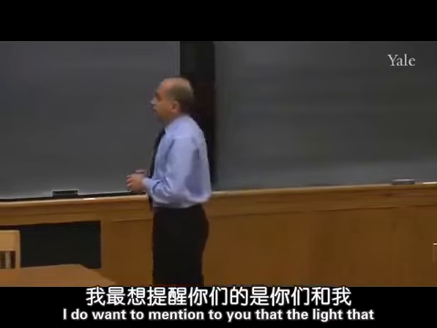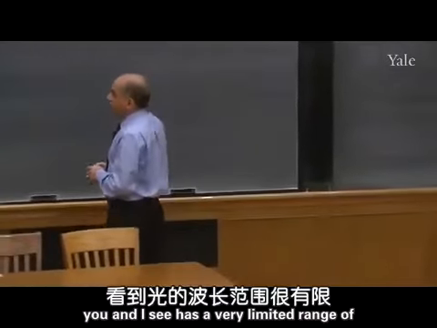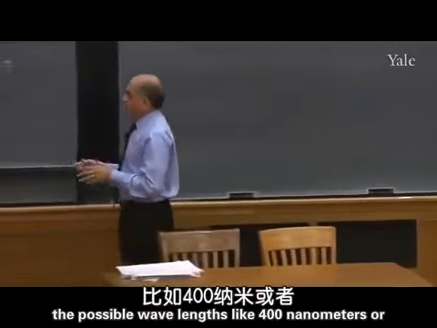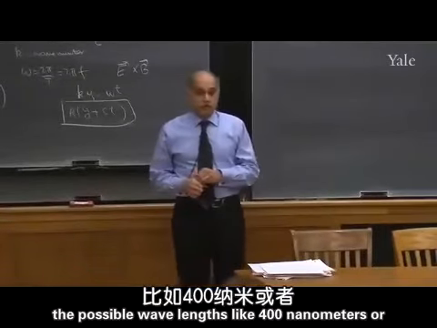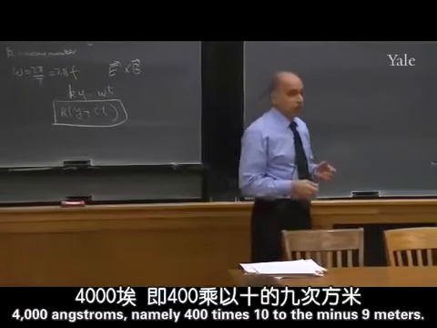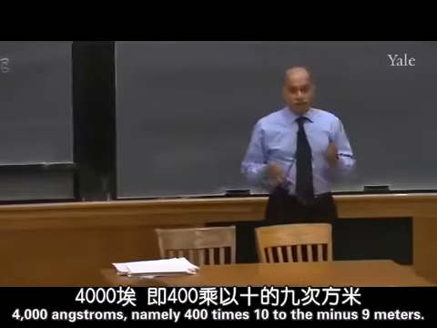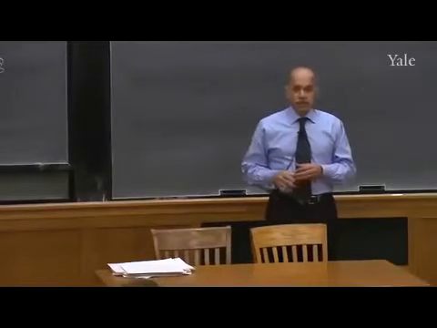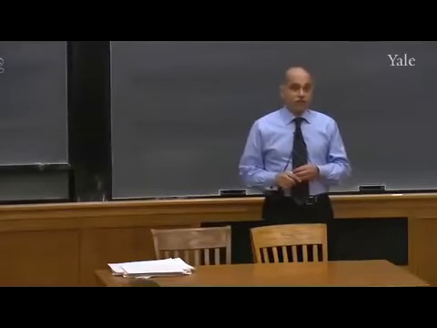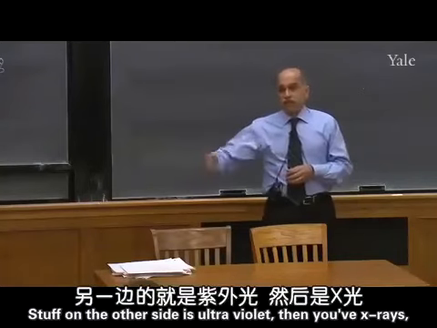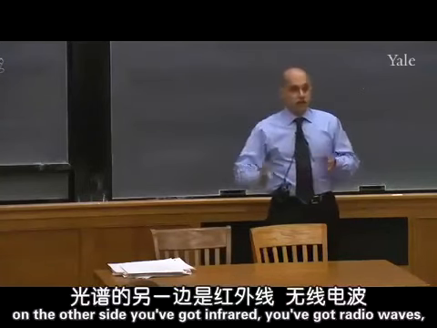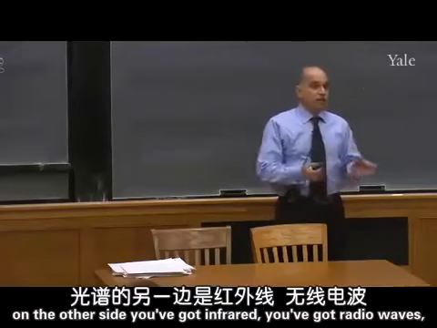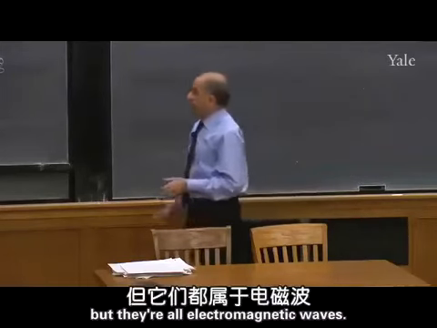I do want to mention to you that the light that you and I see is a very limited range of the possible wavelengths, like 400 nanometers or 4,000 angstroms, namely 400 times 10 to the minus 9 meters. To roughly double that is all you can see. Stuff on the other side is ultraviolet, then you got X-rays, on the other side you got infrared, you got radio waves. But they're all electromagnetic waves.